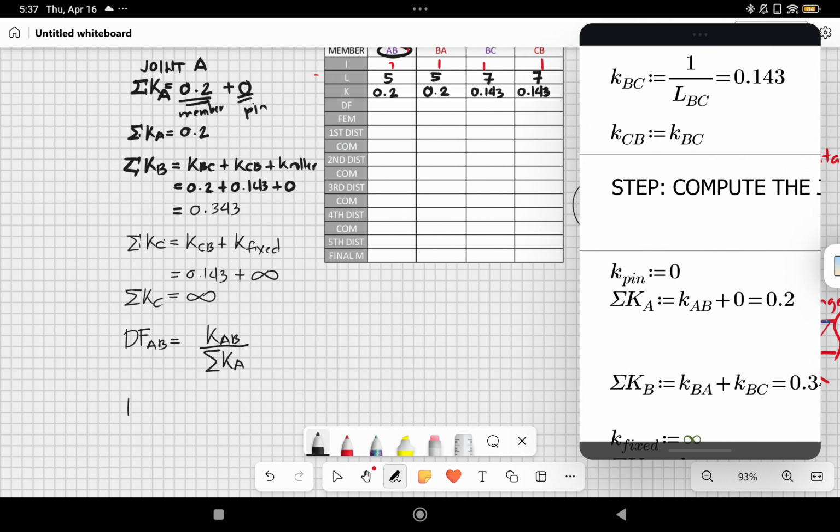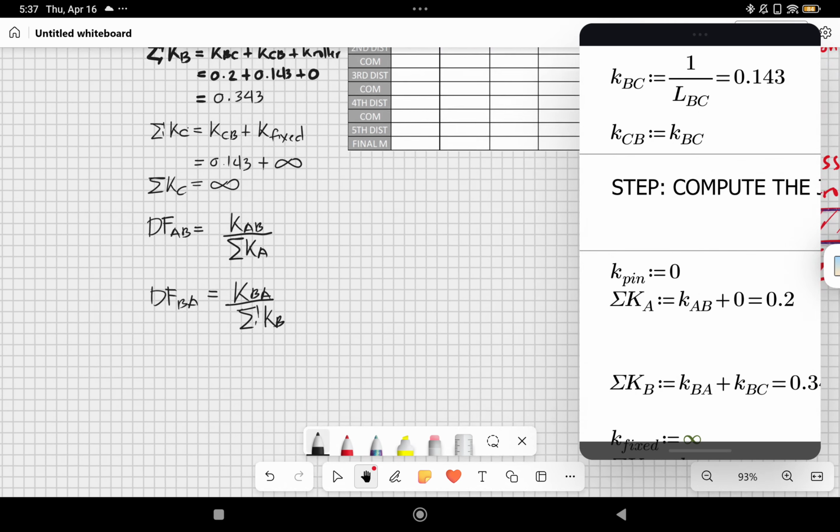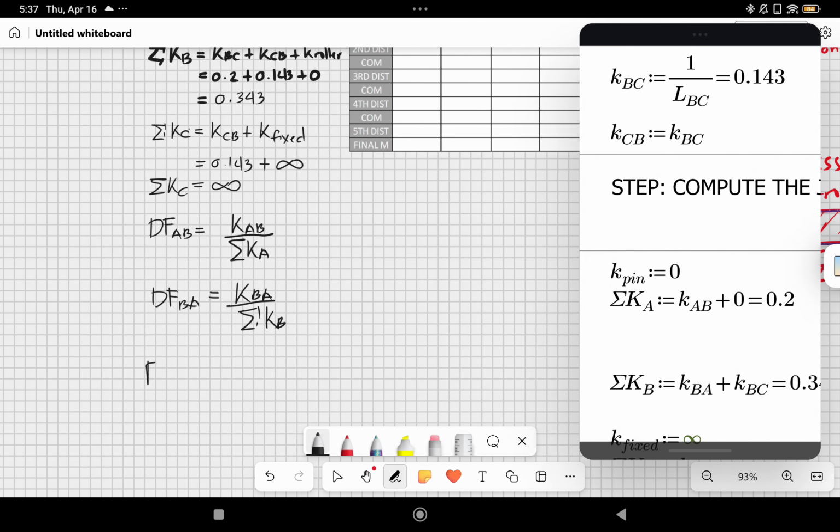And then DFBA, that is KBA, and KBA is connected with joint B, so in the denominator is summation KB.